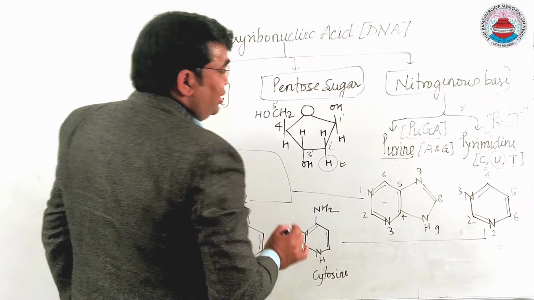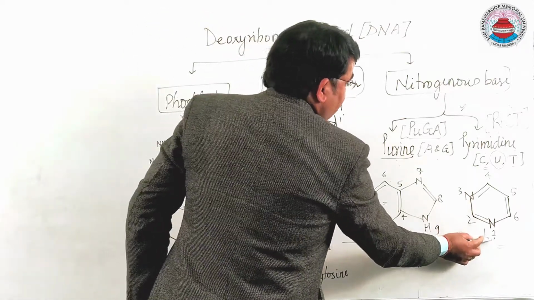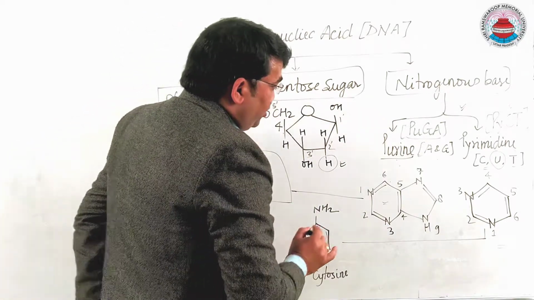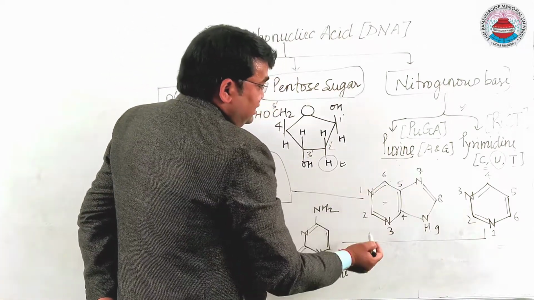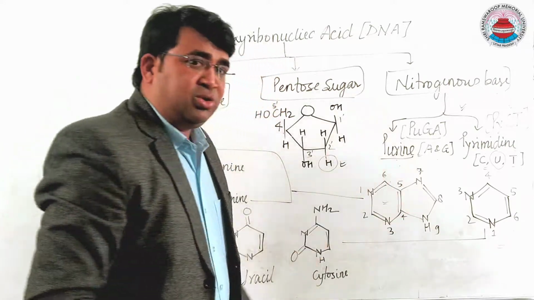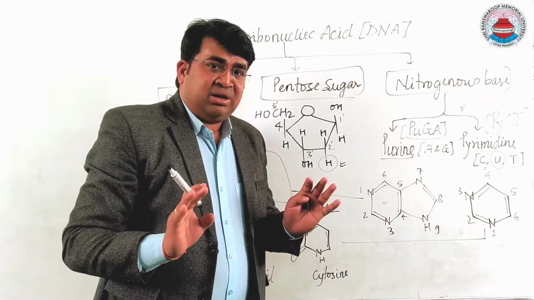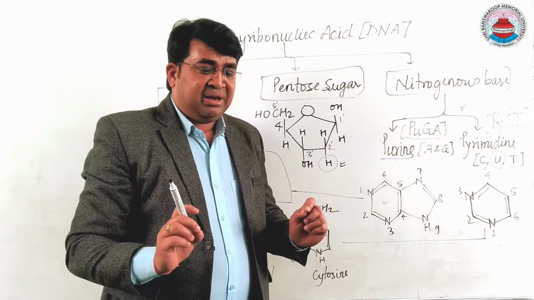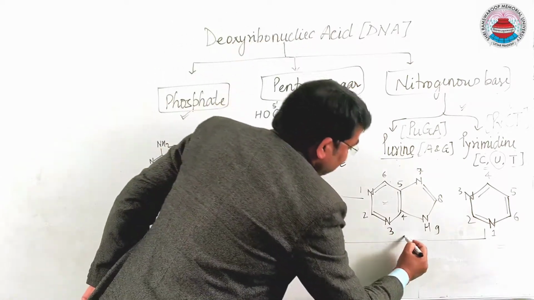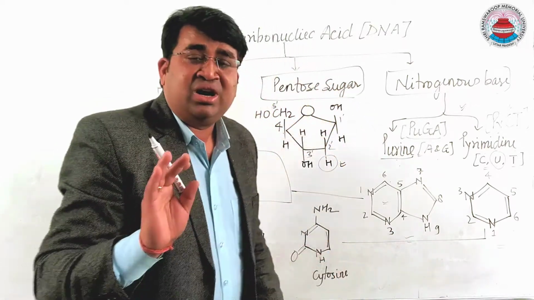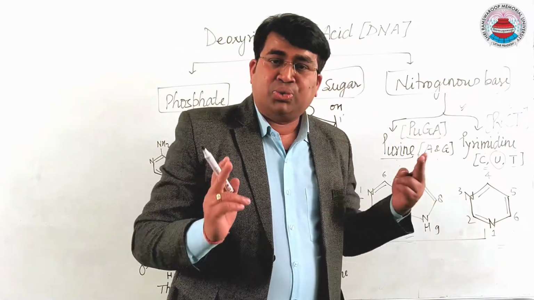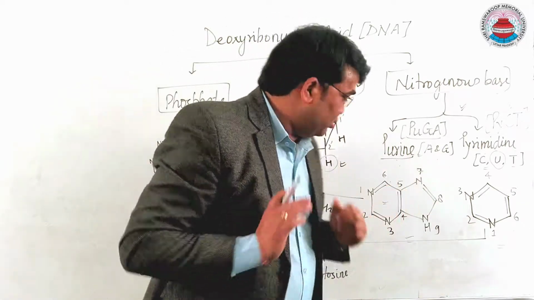In pyrimidine the nitrogen atoms were at positions 1 and 3, whereas in purine there is an addition of 2 nitrogen atoms. So it is very important to remember that purines are 4 nitrogen atom compounds, whereas pyrimidines are 2 nitrogen atom compounds.